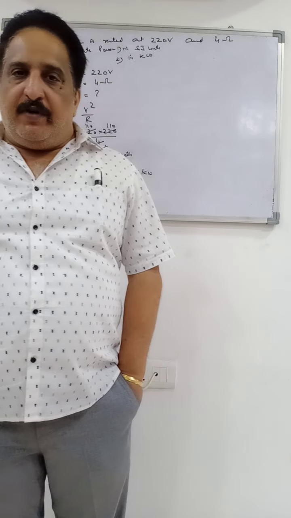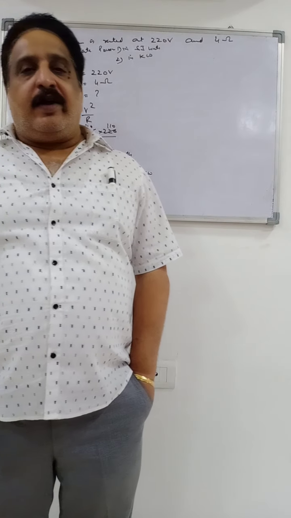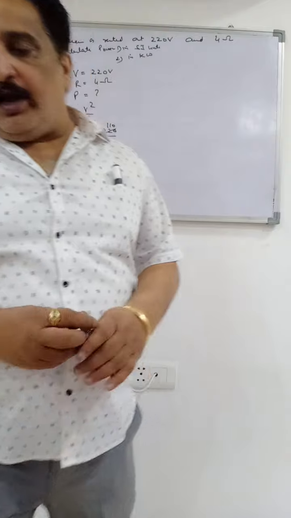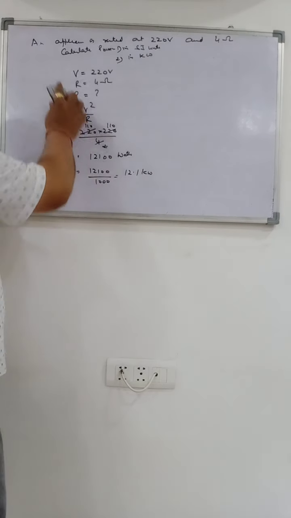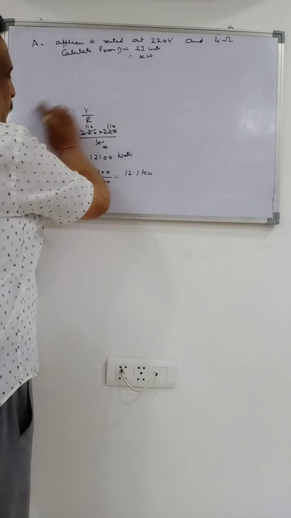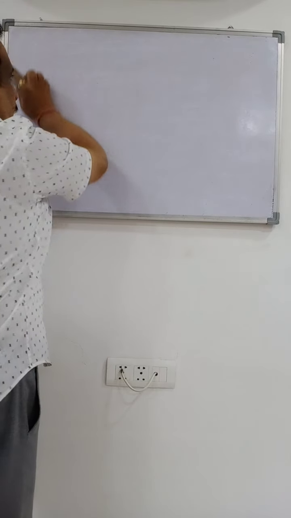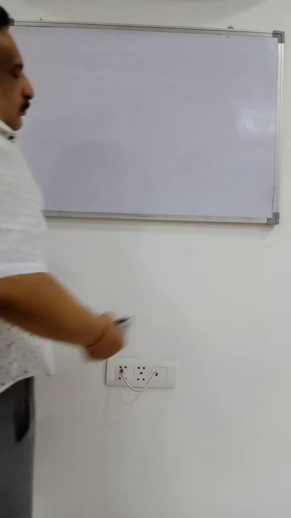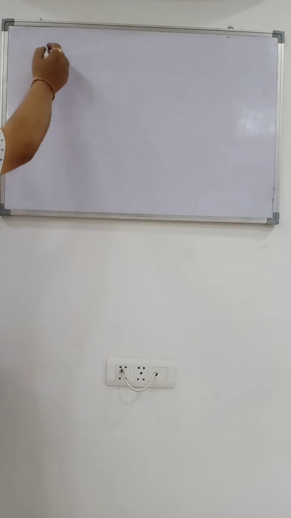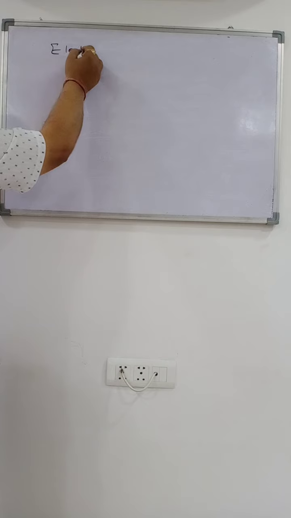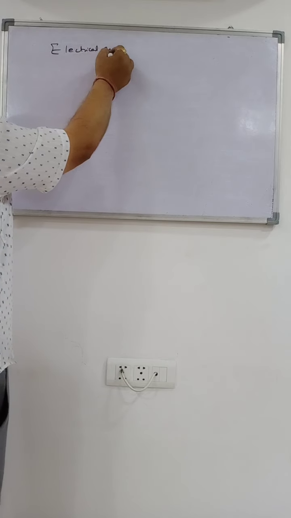Now we are moving on to electrical energy. We have done power, but now we will do electrical energy. What is electrical energy? Please check it out. This you have to start now.